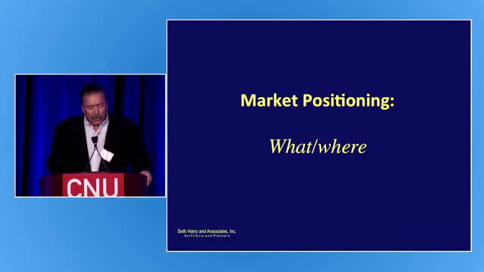So market positioning is essentially what do you build and where do you build it? And typically in most New Urbanist projects, the where is defined by other criteria than what's the best place to build retail. A lot of suburban greenfield New Urbanist projects, TNDs, are built where there's enough land of sufficient size and at the right price to build a new community from scratch.